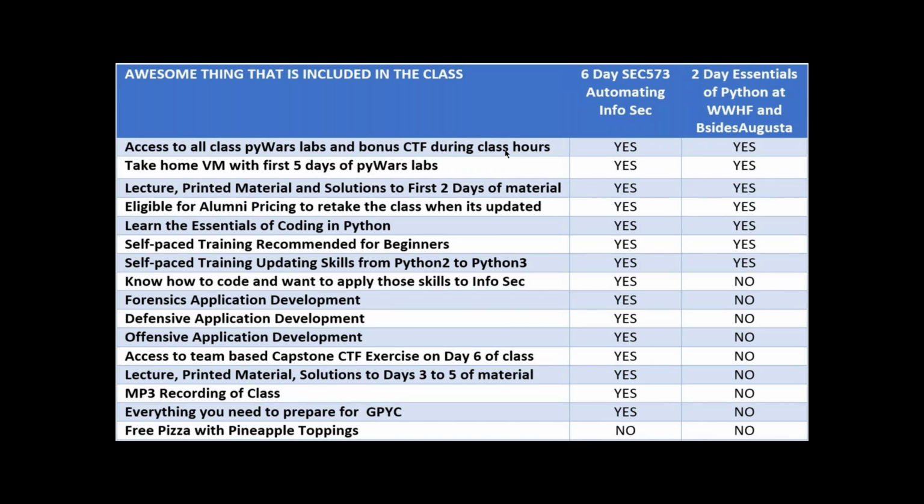You will take home with you in both classes the first 5 days of pyWars labs, and you'll take home the printed lecture and the solutions for the first 2 days of material. Both classes are eligible for alumni pricing, so you could retake the class when it gets updated to new content.